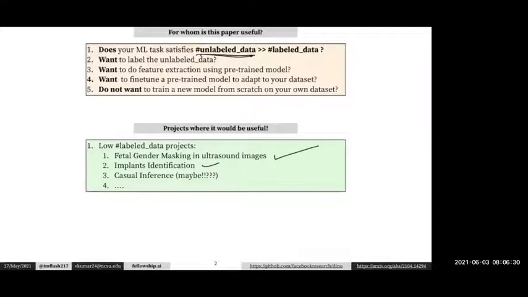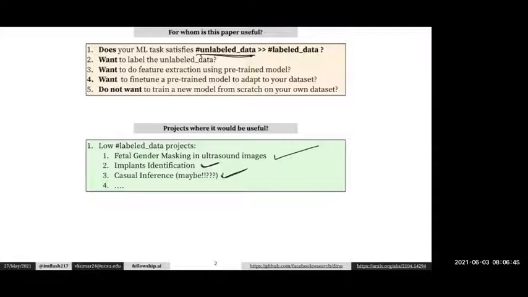The implants project that I'm currently working on, we have a lot of unlabeled data, but very little labeled data, right? Maybe causal inference, I'm not sure what they do, but they could look into this paper as well.